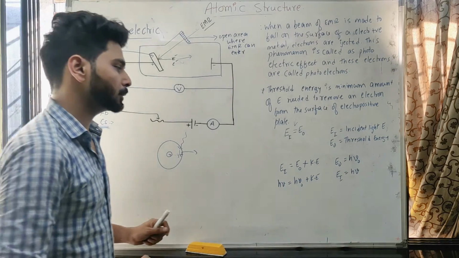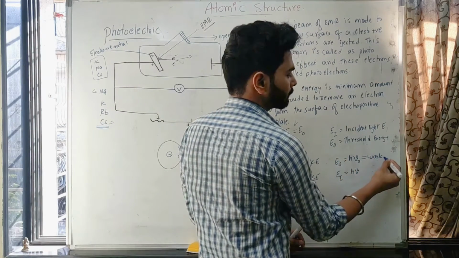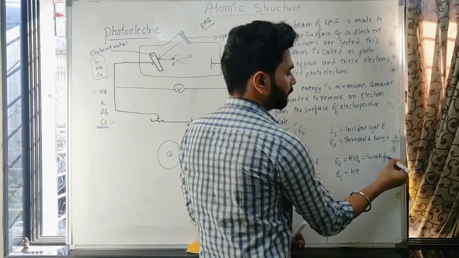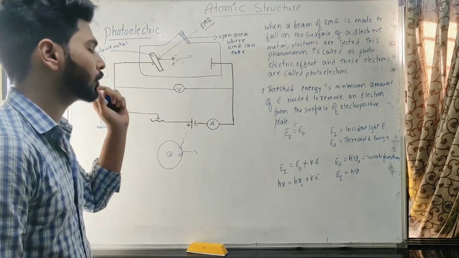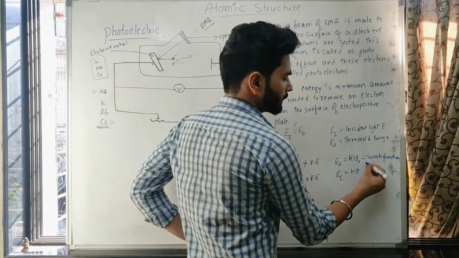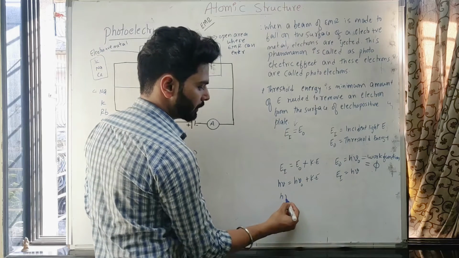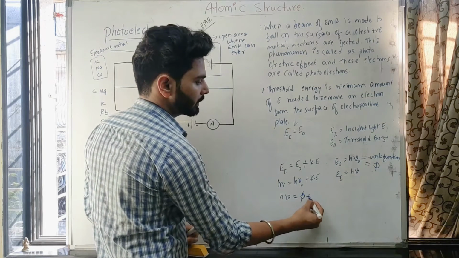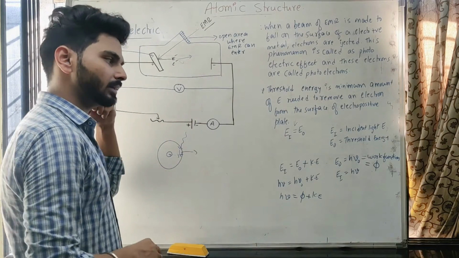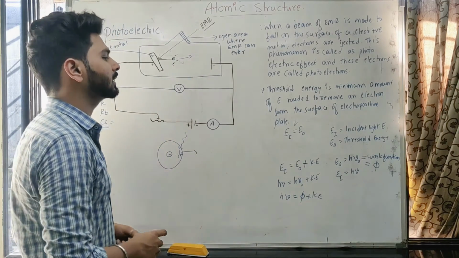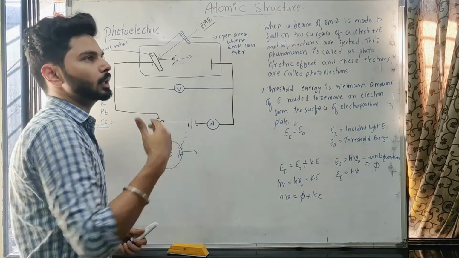So that's why h nu naught is also called the work function. The work function is the property of the individual electropositive metal we have taken, represented as psi. So we can write this equation: h nu is equal to psi plus kinetic energy. Nothing much changed here. Remember that psi stands for the work function, whose value will change from metal to metal.